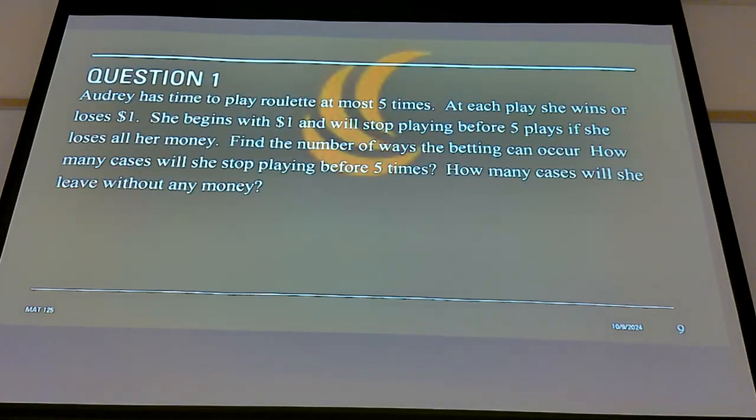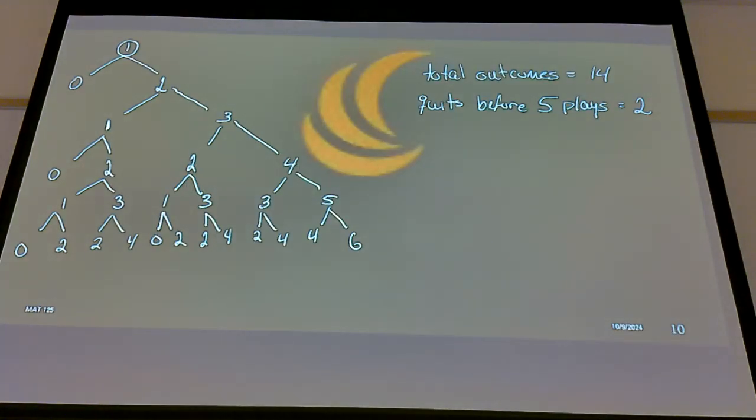And then, in how many cases will she leave without any money? 1, 2, 3. 4. How when is 3 0? 1, 2, 3, 4. Okay.